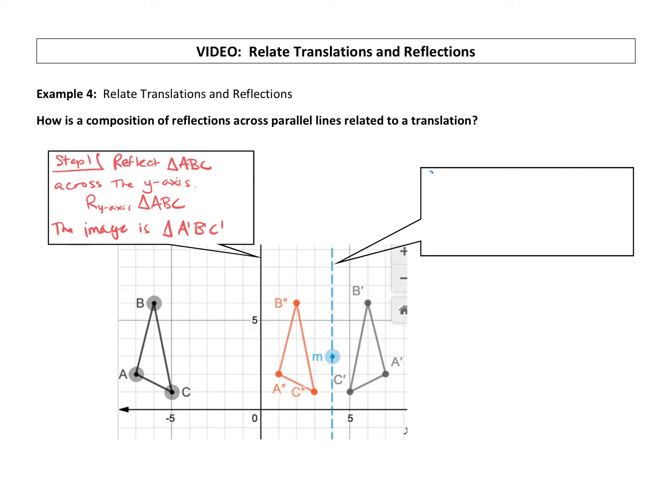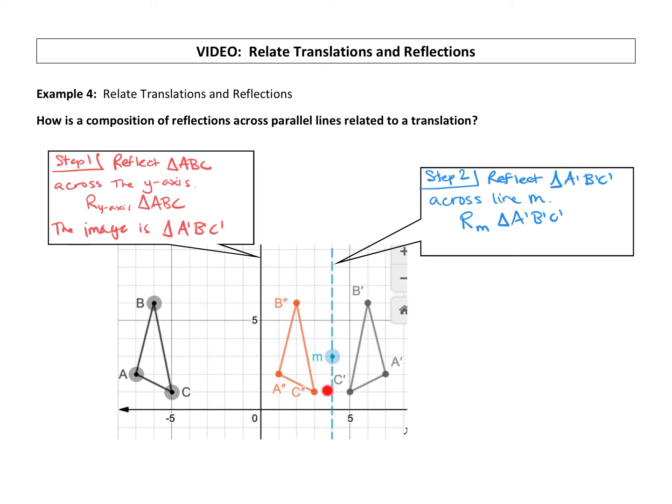Step two is now we are going to reflect triangle A prime, B prime, C prime across line M. What that rule would look like would be a reflection, so capital R across line M of triangle A prime, B prime, C prime. So if we look at A prime, B prime, C prime, here is line M. So if we reflect across here, maybe I'll stick with that point C. C prime is 1 unit away from the line.